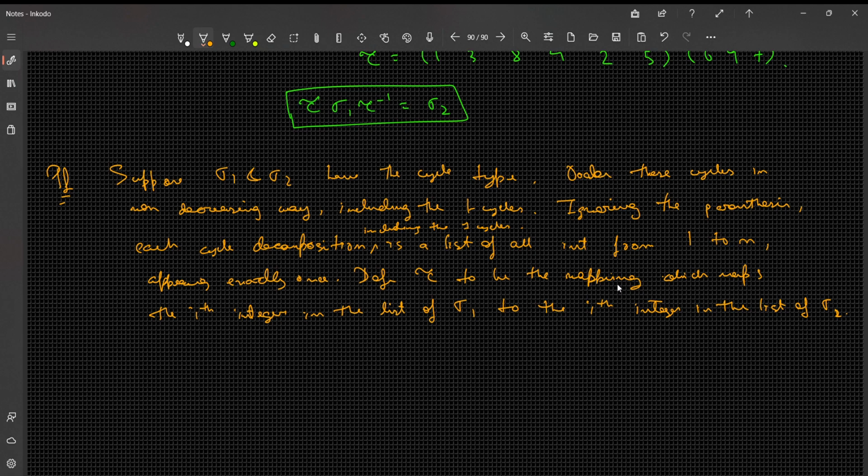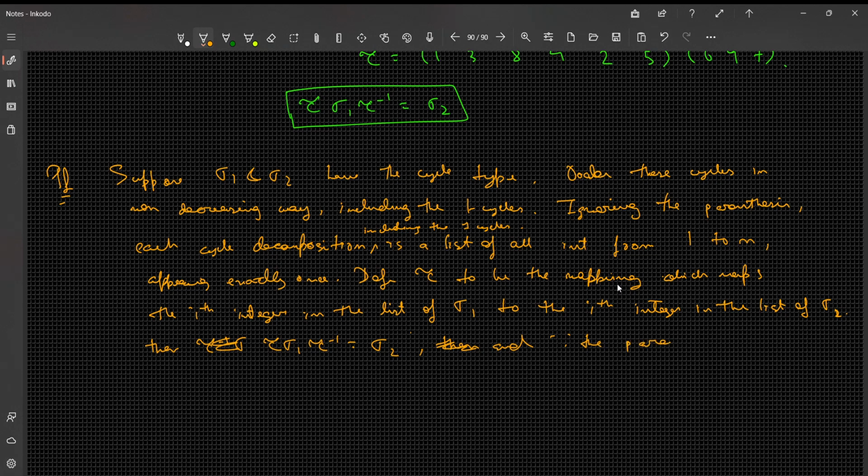Then tau is a permutation, and tau sigma 1 tau inverse will be equal to sigma 2.